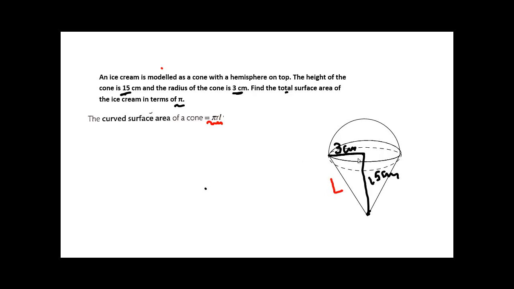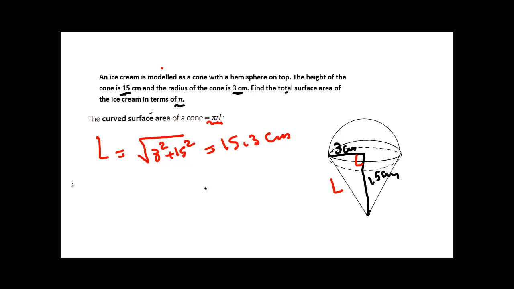The most common way to find the slant height is using Pythagoras, so we can say that l equals the square root of 3 squared plus 15 squared, and it will be 15.3 centimeters.